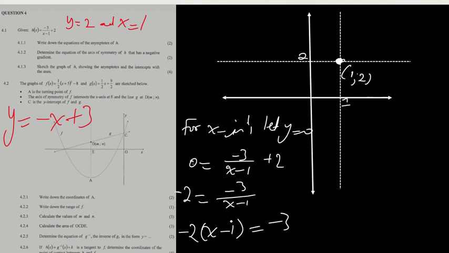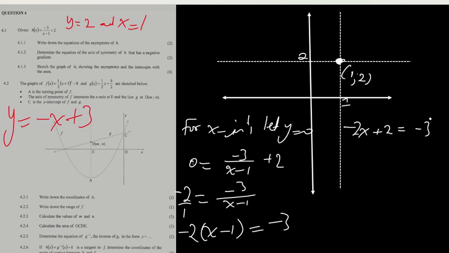Then I have just cross multiplied, since there was a denominator of 1 here. Multiplying by negative 2 on the inside, I get negative 2x plus 2 equal to negative 3.